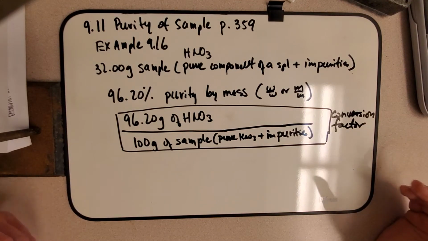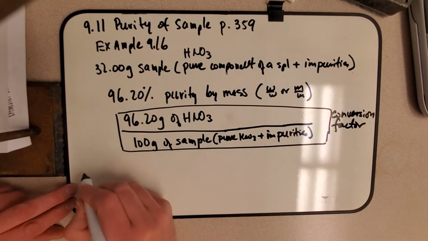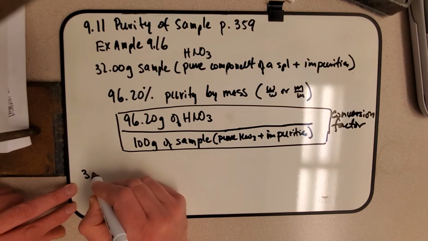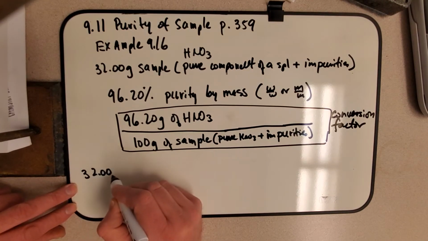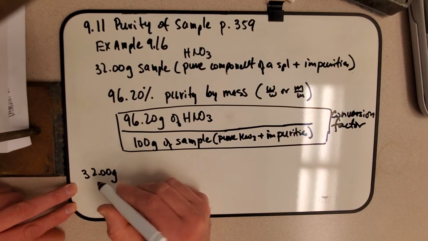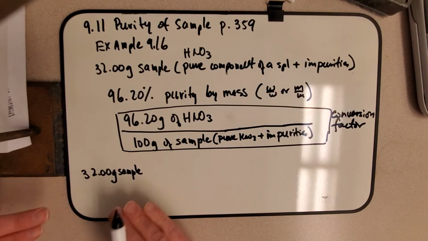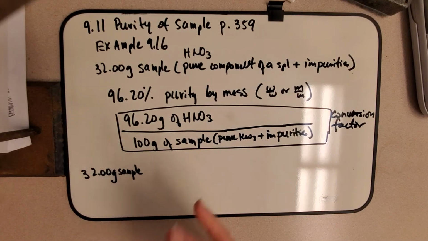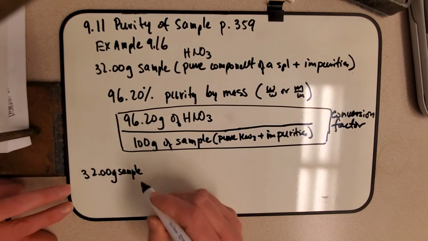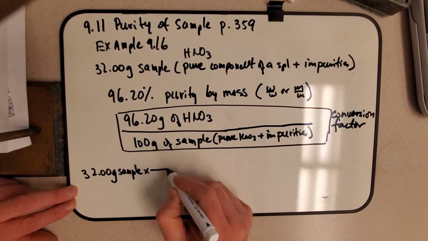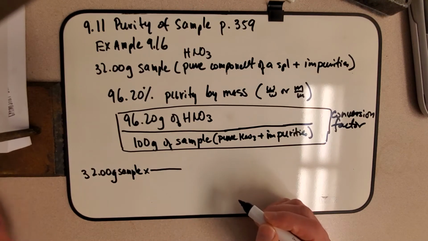All right, let's see how we can use it. Are we given any amount of sample? Sure we are. We're given 32.00 grams of sample, which contains pure and impure components. All we need to do is find out what we need to figure out.